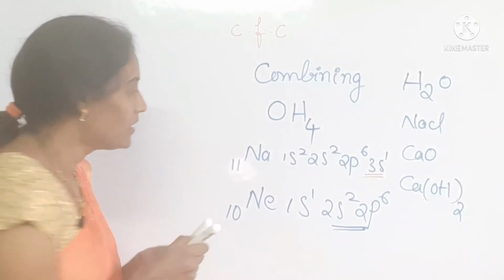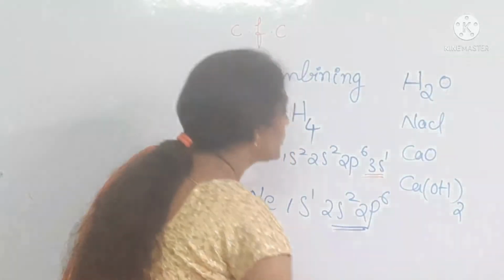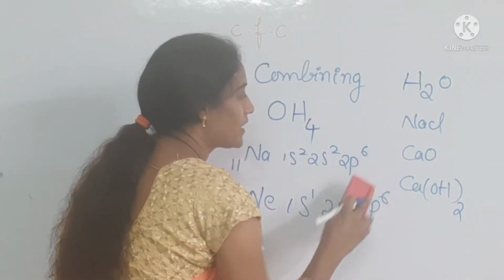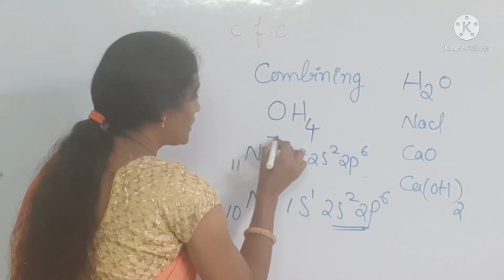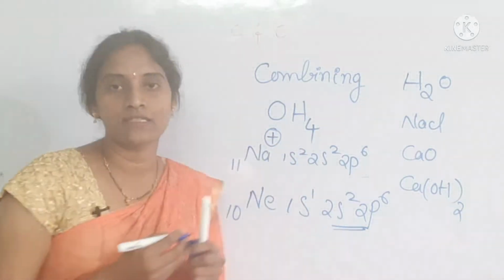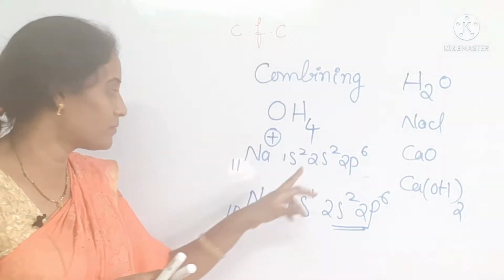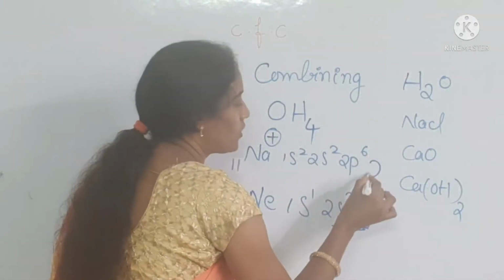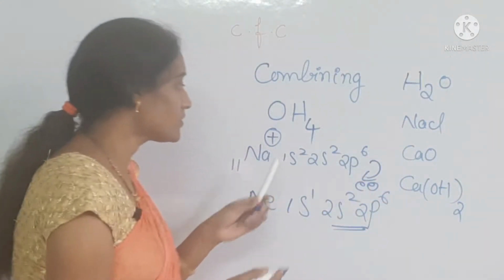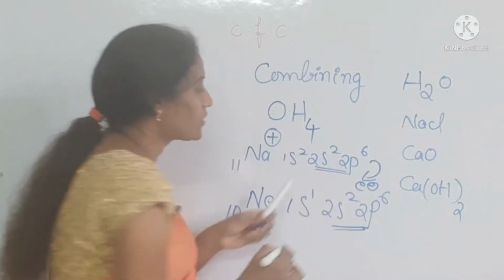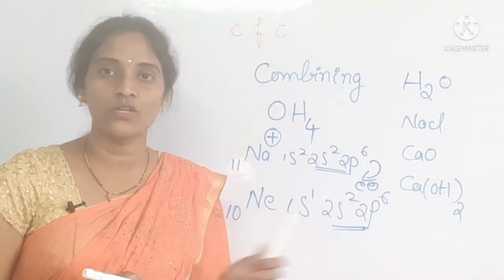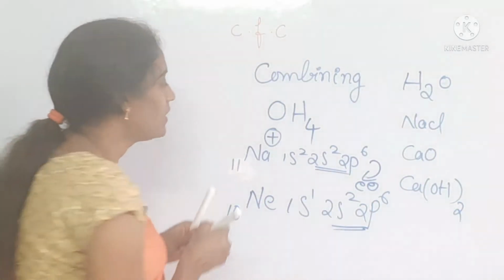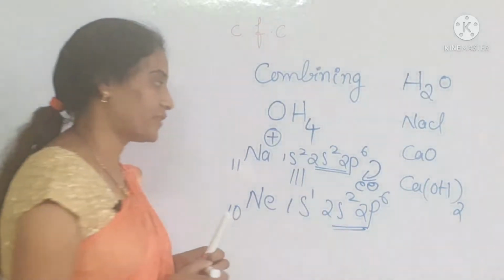So at that time sodium loses 1 electron, and it becomes Na+ by losing 1 electron. Then its outermost electronic configuration is 2s2 2p6, which is equal to neon's electronic configuration, students.